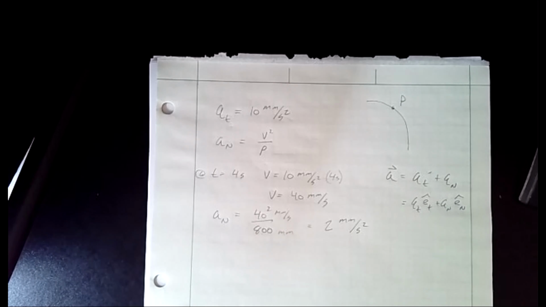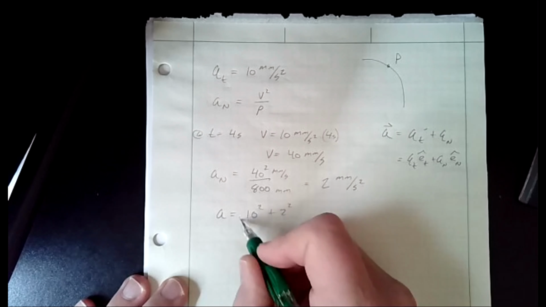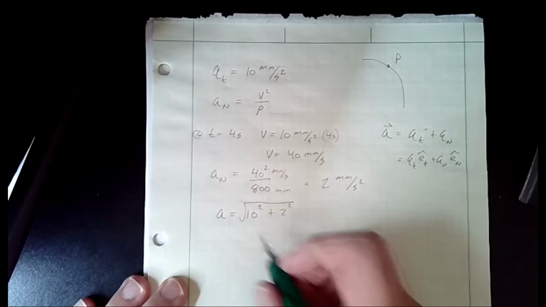But in this problem we're not asked for the vector, we just want to know the total. So we can just use the Pythagorean theorem: a is equal to the square root of 10 squared plus 2 squared, and we get a equal to 10.20 millimeters per second squared. Okay, so that's our acceleration. That's part A of our question.